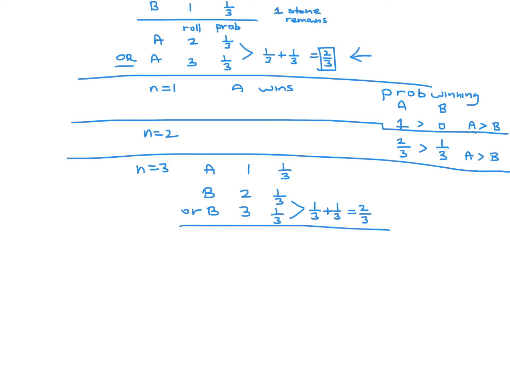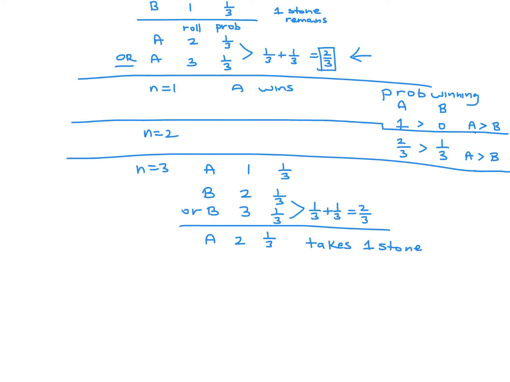What if Alice rolls a 2? If Alice rolls a 2, 1/3 probability of rolling that, she's going to only take 1 stone, because if she takes 2 stones, then Bob is guaranteed to win on the next roll, because no matter what he rolls, he'll be able to pick up that last one.